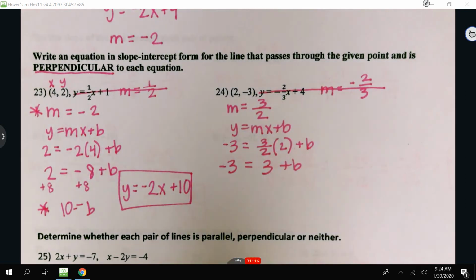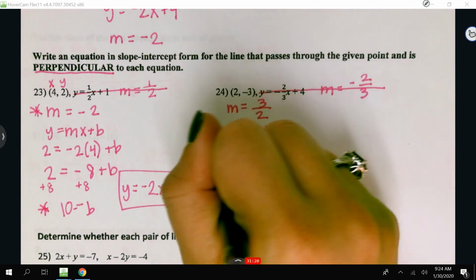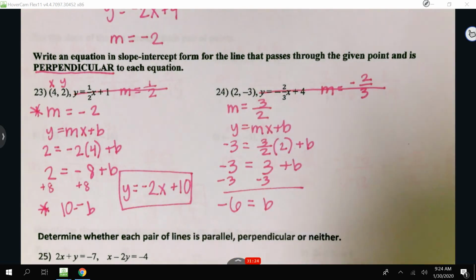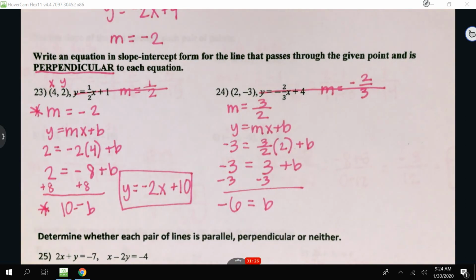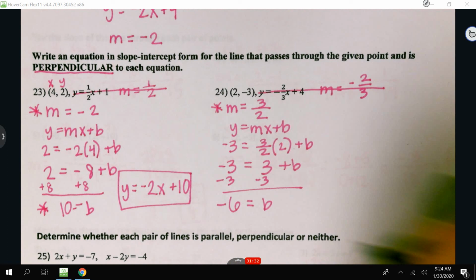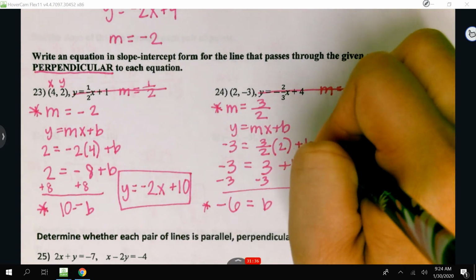How do I solve for b? So what is b equal to? Negative 6. Good. So my m and my b, put it together for your new equation.